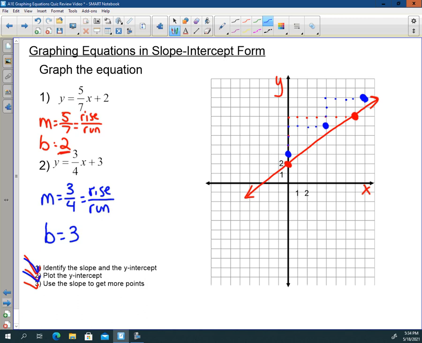We can do that all day. We can get all the points on the line if we want to. And we'll just connect them. Done. That's how you graph an equation in slope-intercept form. You identify the slope and the y-intercept, you plot the y-intercept, and then you use the slope to get more points.